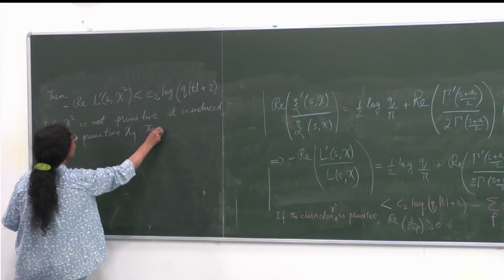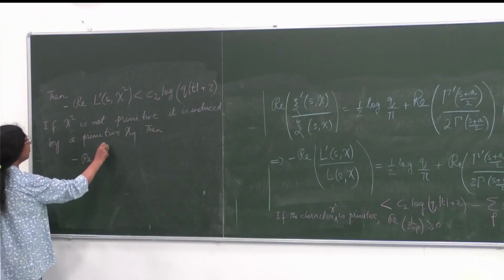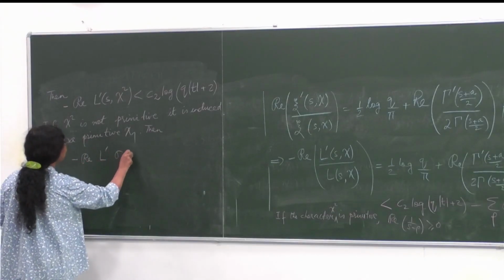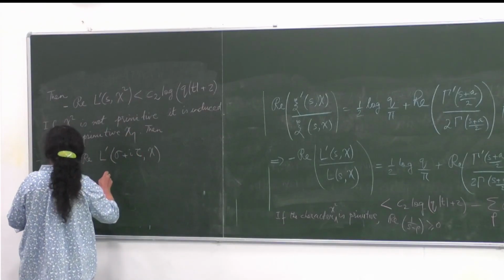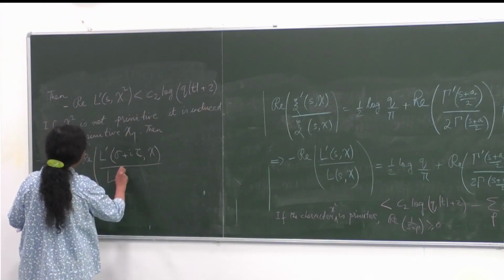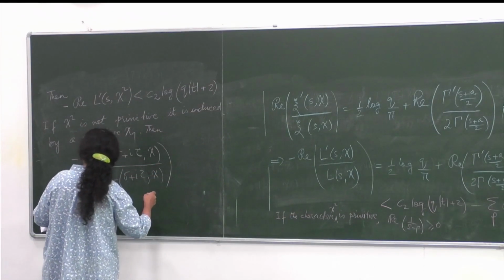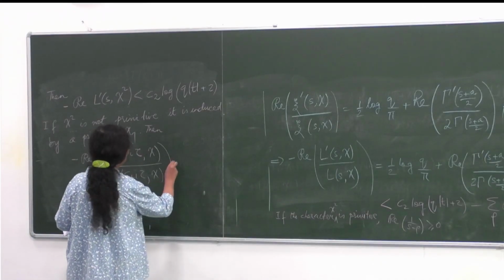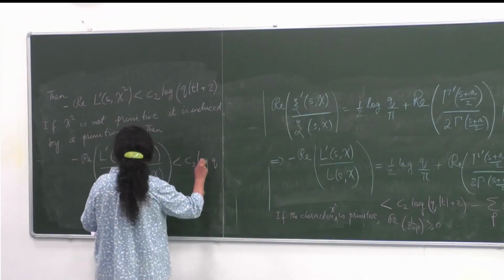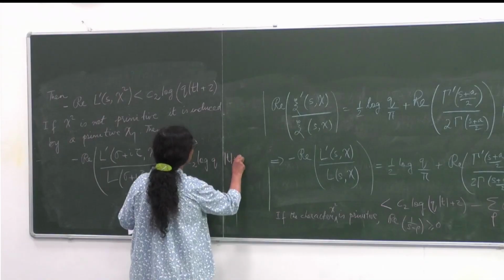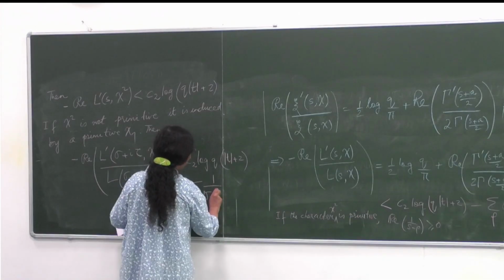So case 1 is done, okay? Case 2: minus real part of L prime by L of sigma plus i tau chi, which is less than C2 log Q(T plus 2), minus 1 upon sigma minus beta.